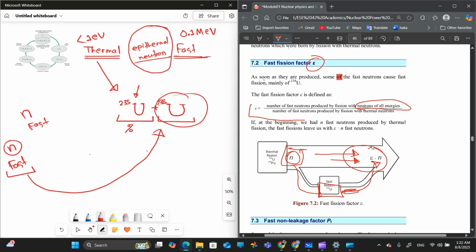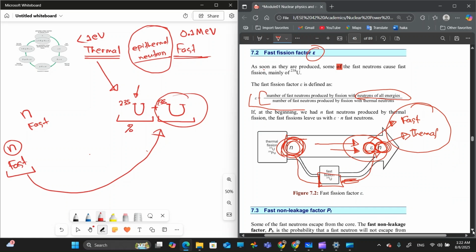Neutrons of all energies means that here this n part was produced by thermal neutrons, and this part is responsible for fast neutrons. So these neutrons are produced by neutrons of all energies, whereas this n was only for thermal. So their ratio is the fast fission factor.